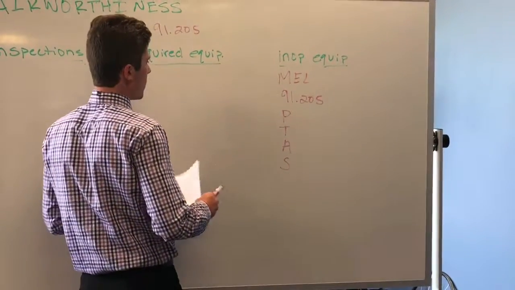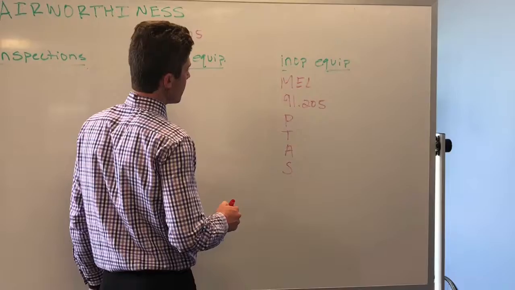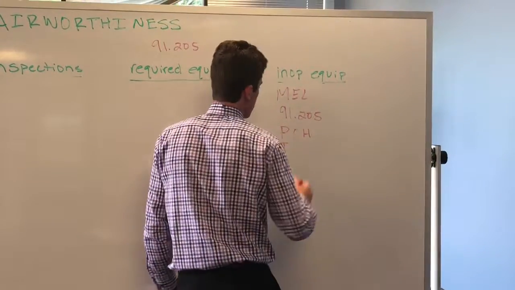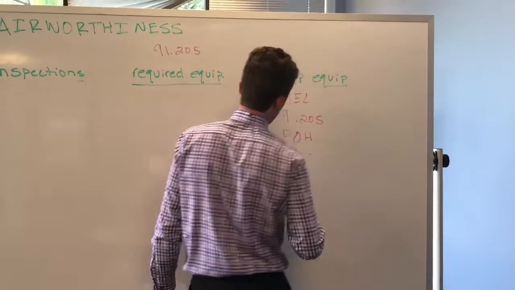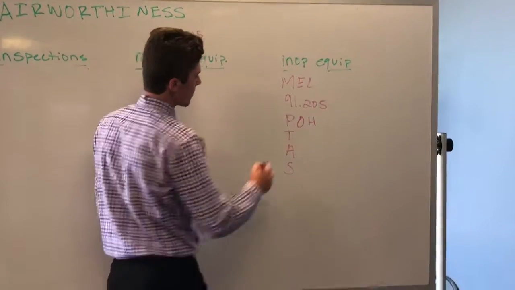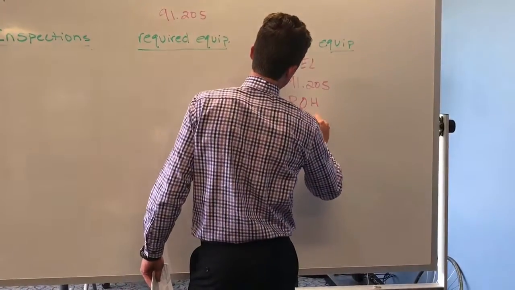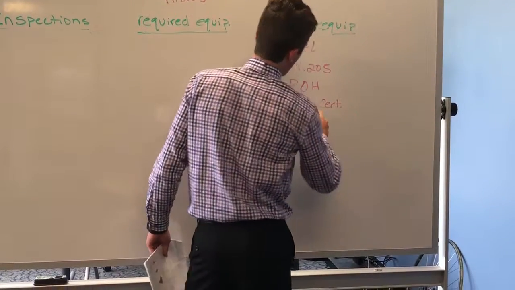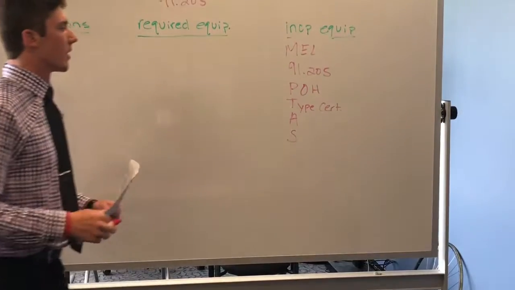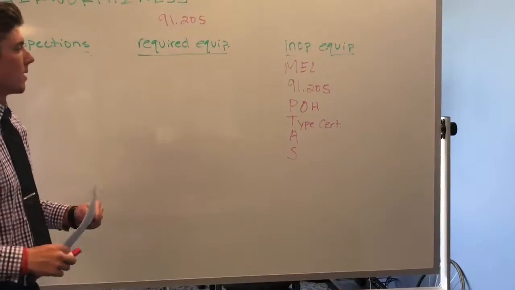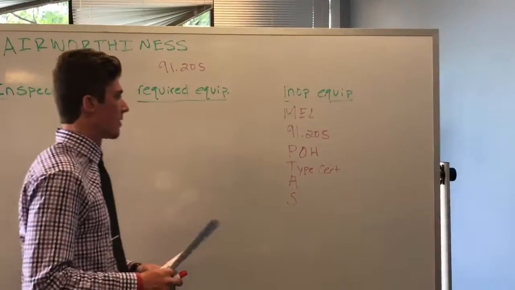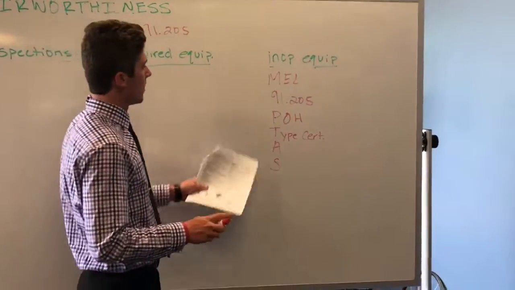Let's see. After that, we're going to look at the POH, the kinds of operations list in the POH. We're going to look at our type certificate data sheet. You can find that on the FAA website for your aircraft, and you can look at the type certificate data sheet for that aircraft.